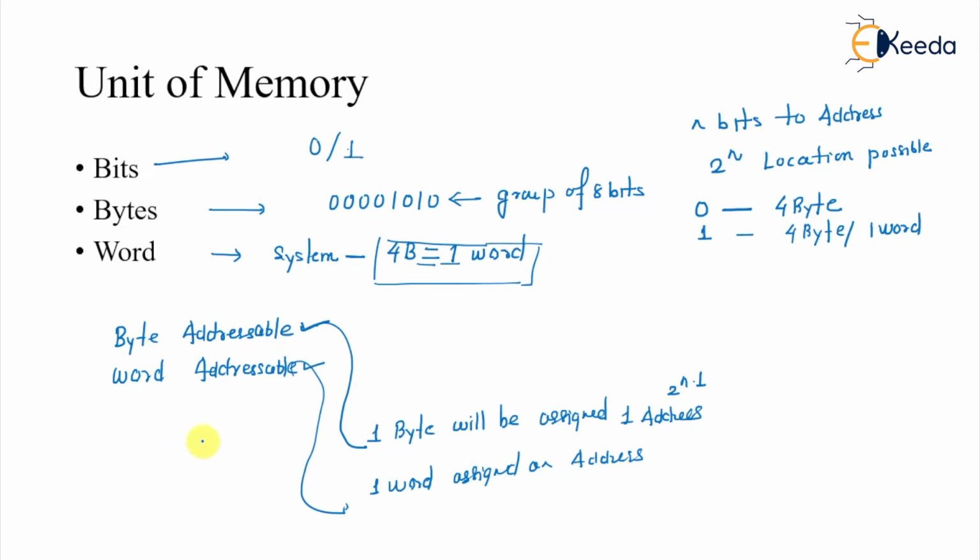Right, now this will impact the size of the main memory. The size of the main memory will be greatly impacted because of this. So what is exactly the size of main memory?